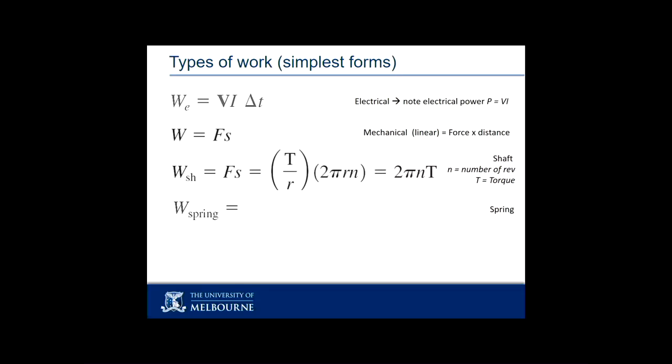The shaft work is also force times distance, but we have a circle, and so my force in a shaft system is torque, and if I have the radius of my circle, I can work out how far I've used that torque. So I've got my 2 pi r. The n is the number of revolutions. Right?